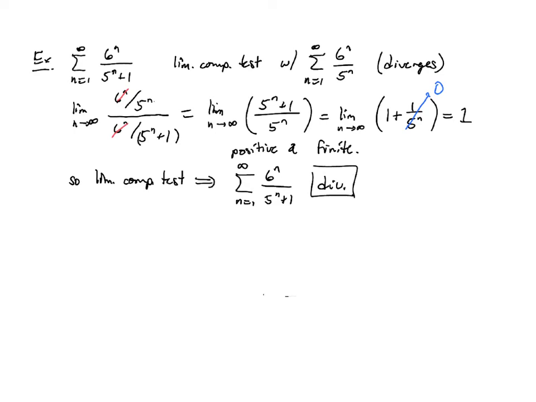So notice that this technique is very similar to the technique with the comparison test, because first you look at your series and you say, what does that look like if I can't simplify it on my own? And then I'm going to compare it to one that's a little bit friendlier. Let's see another example of this.